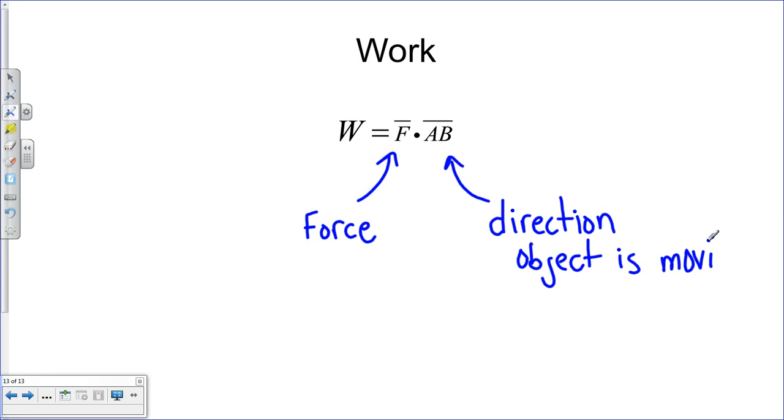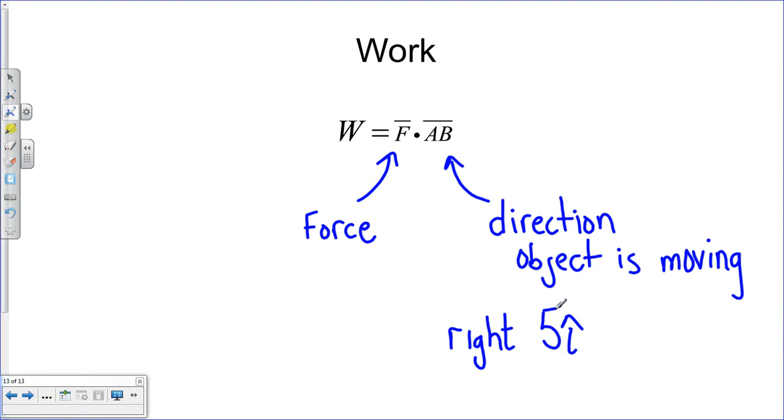Now, if an object is moving straight left or straight right, straight up or straight down, these direction vectors are very, very simple. If an object is moving to the right, then the vector is just simply I. And then if it moves 5 feet or 5 meters to the right, then it would be something like 5I.